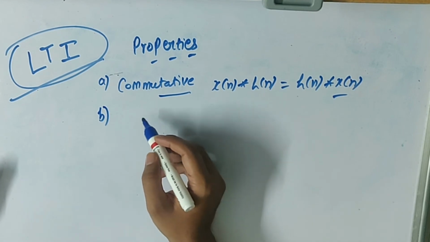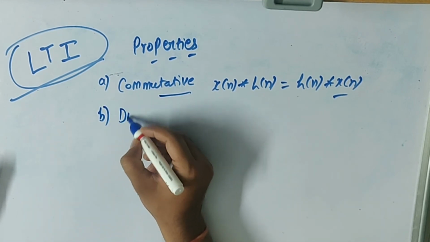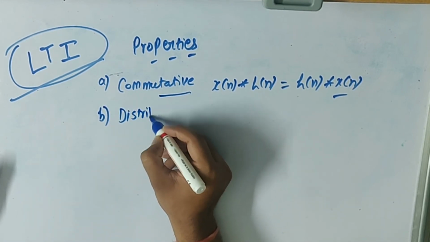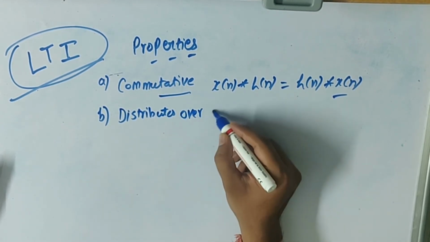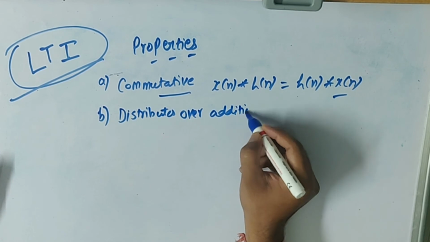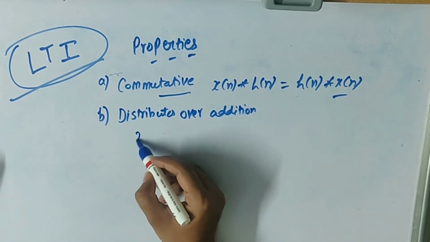Second, it distributes over addition. This is also a result of the linearity property, because the system is linear.